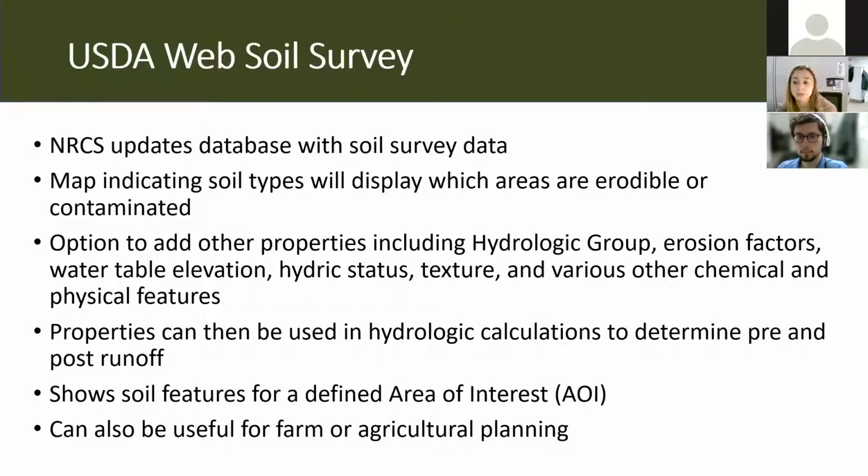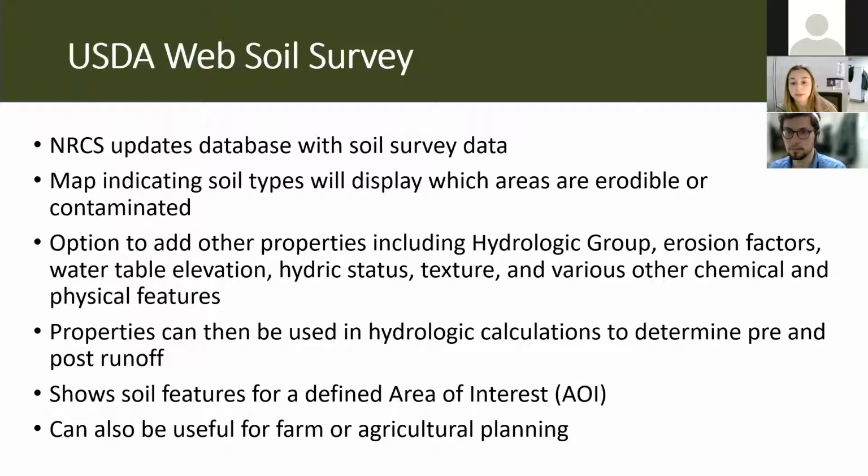As we'll see in just a moment, web soil survey can provide us with other specific properties, including hydrologic group, erosion factors, water table elevation, hydric status, texture, and various other chemical and physical features. This data can then be used in your hydrologic calculations, so your engineering calculations to determine those pre and post runoff values or flow values.